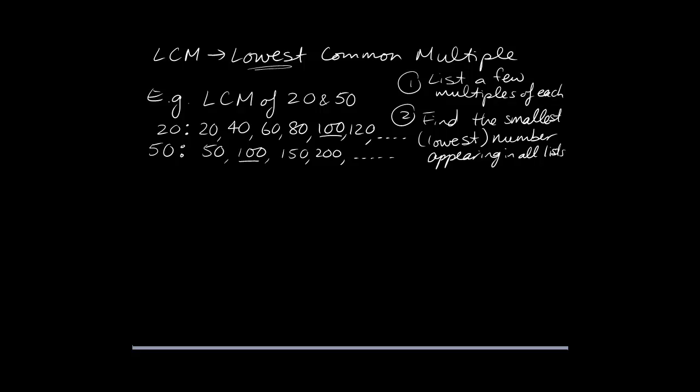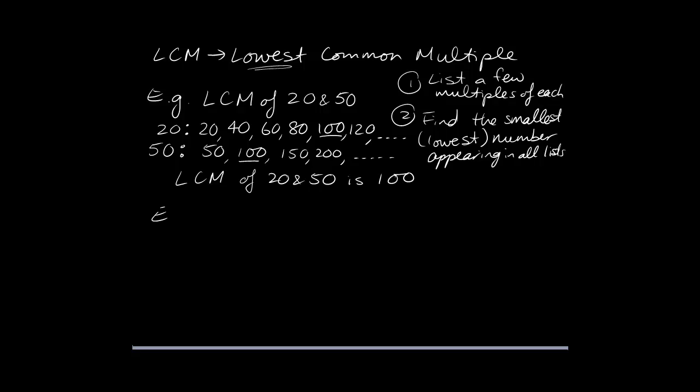For instance, 200 here, which is a multiple of 50, surely will appear in the multiples of 20 as well. But remember, we're looking for the lowest common multiple, so in other words, the first number that is common to both of those lists. So in this case, the lowest common multiple of 20 and 50 is 100.